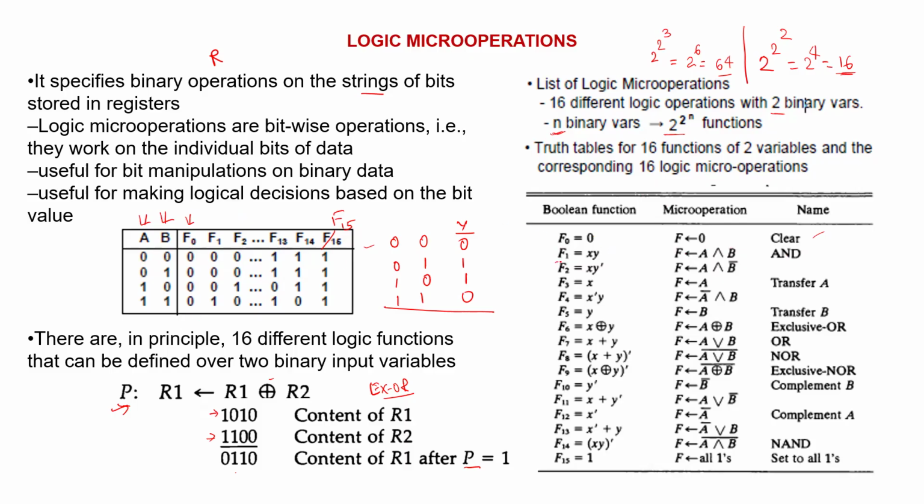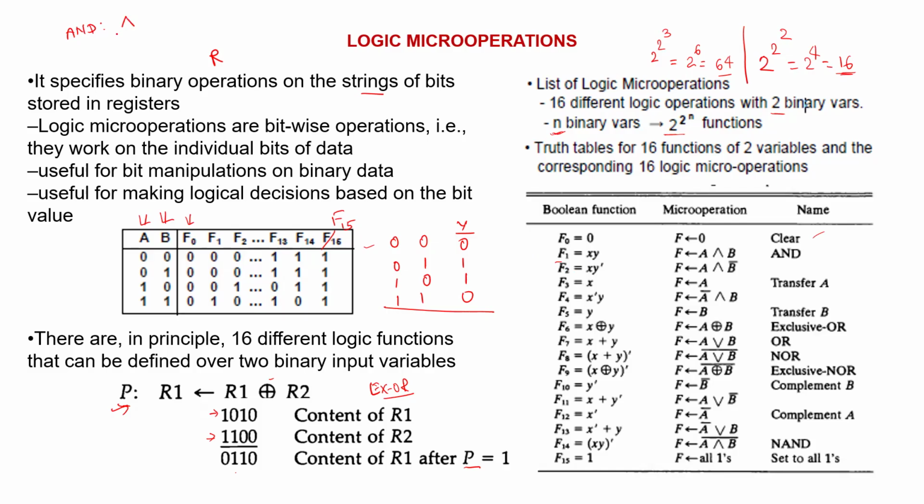Next is F1. This is what? XY. XY is what? So here, the symbol for the AND operation is taken like this.